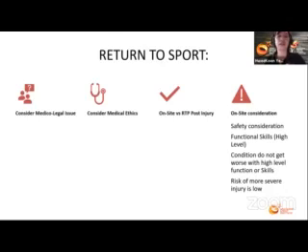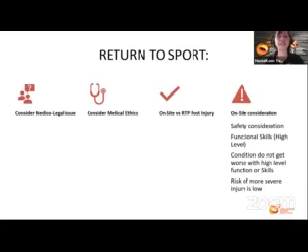I would say that in this criteria to return to sports, when you're working with more high-level teams, this area of returning to sports becomes very unclear or complicated because of other considerations.